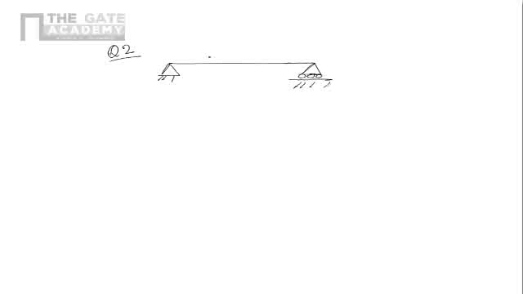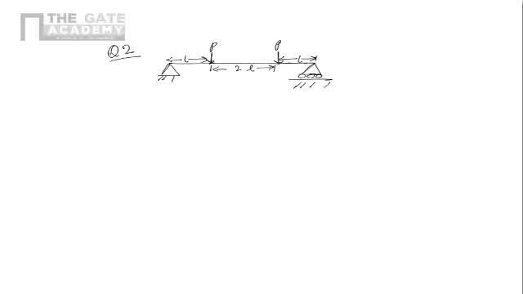Its span is 4L, and at a distance of L from both ends there is a force P. And the middle distance is obviously 2L, because the total span is 4L. Now for this case, we are supposed to figure out the value of strain energy.